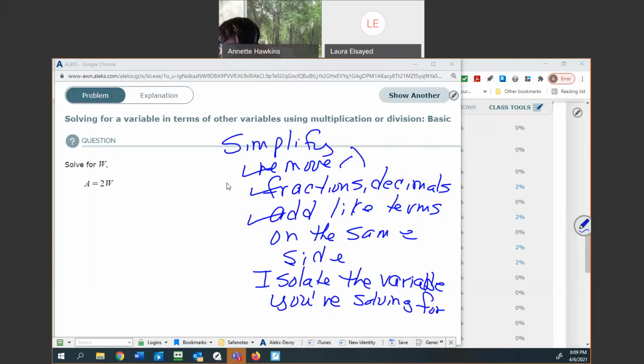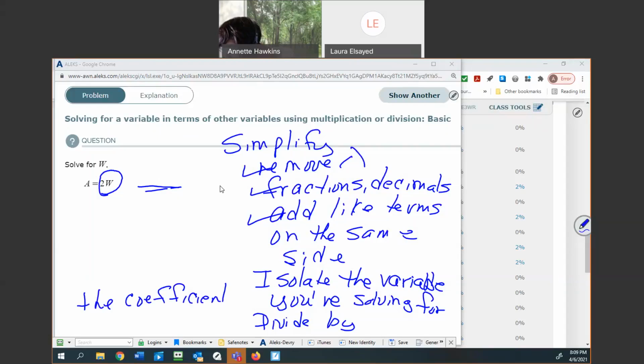Now, they ask us to solve for w. Whatever is connected with w is a part of it. So when I put a circle around w and whatever is with it, nothing else is on this side. See, it's already isolated. The final step is to divide by the coefficient of the variable you're solving for.